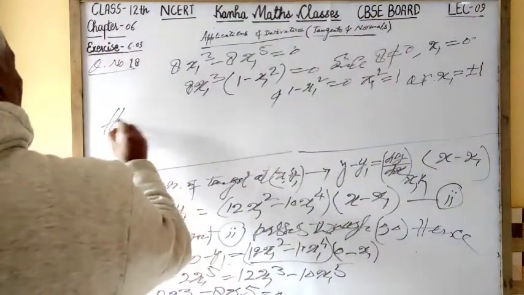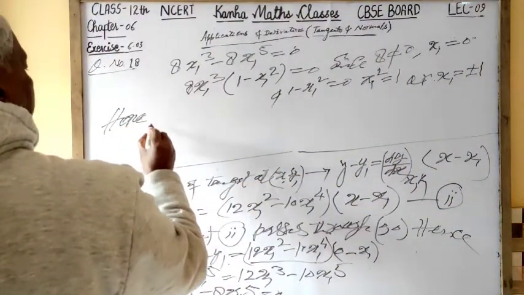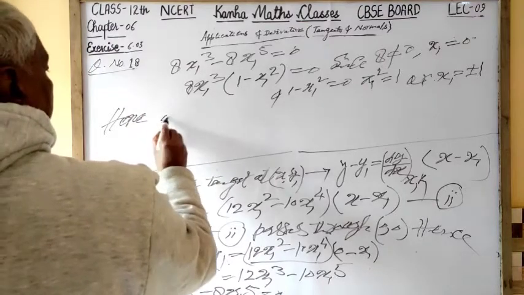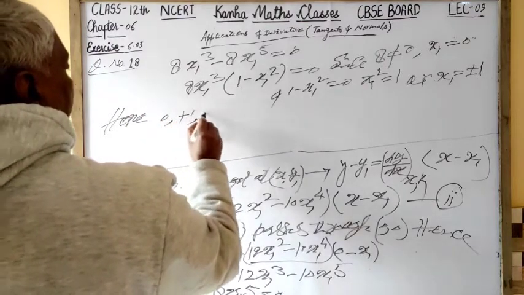Here we will have three values of x1, that is 0, plus 1 and minus 1.